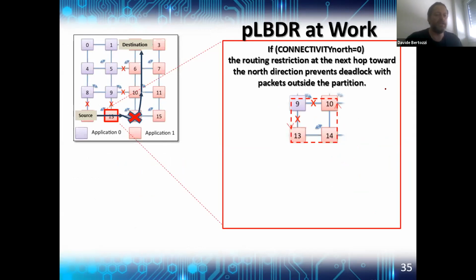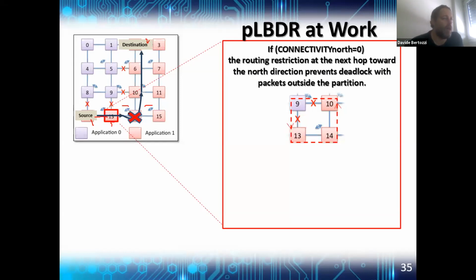Well, actually, this is possible. Let's look at this example. We have a source here, we have a destination here, and the packet goes to switch number 13, and if you don't do anything, it will be forbidden to turn north because of these two routing restrictions that have to do with the global static routing algorithm of the network. So what we can do here is to say at switch number 13, what about my connectivity bit to the north? Wow, connectivity bit to the north is 0. It means that I am traveling along a partition boundary.